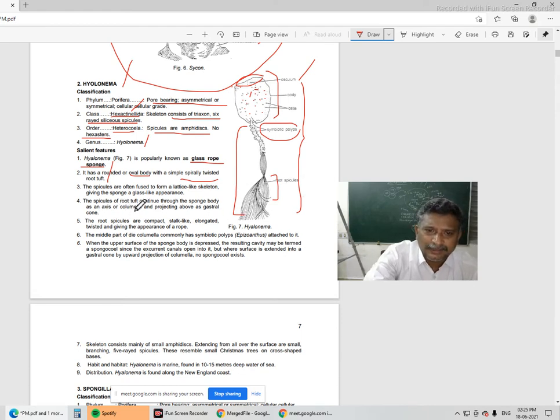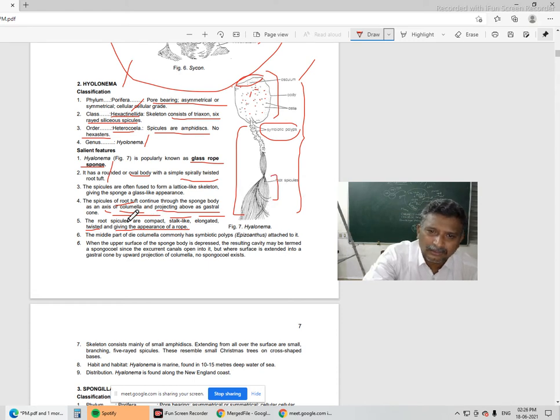The spicules of the root tuft continue through the sponge body as an axis or columella and project above as a gastral cone. The root spicules are compact, stalk-like, elongated, twisted and give the appearance of a rope. When we see a rope, so many fibers are there, each fiber twisted with another one. Here also the same kind of arrangement is seen.